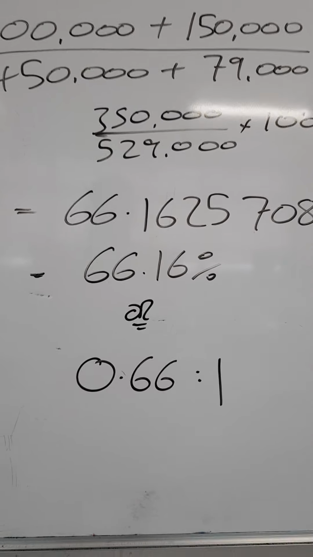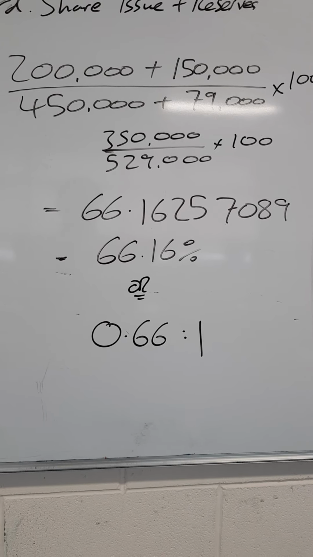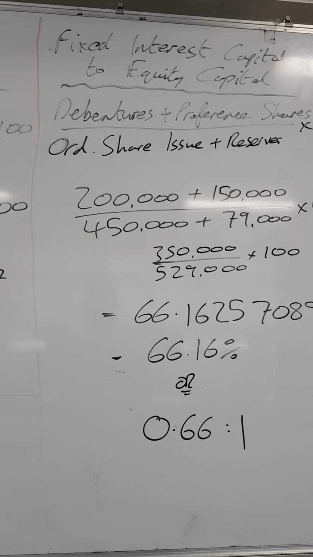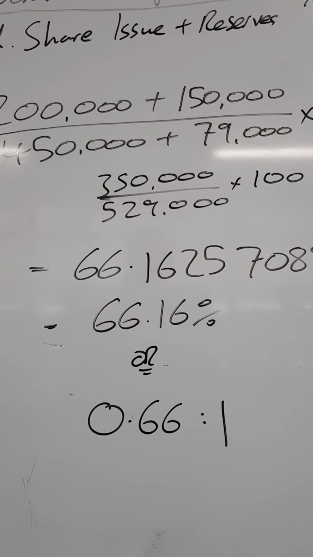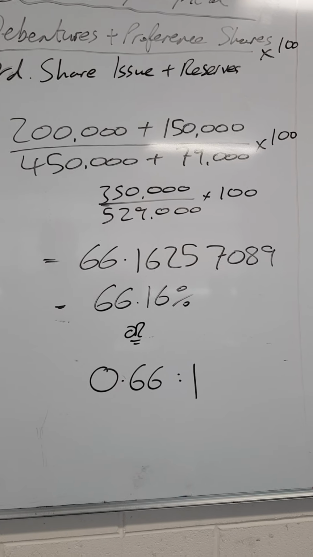This is a bit confusing, but with your acid test ratio you were looking for 1.1 or higher. With your fixed interest capital to equity capital ratio, you're looking for anything under 1 to 1. That means it's lowly geared.